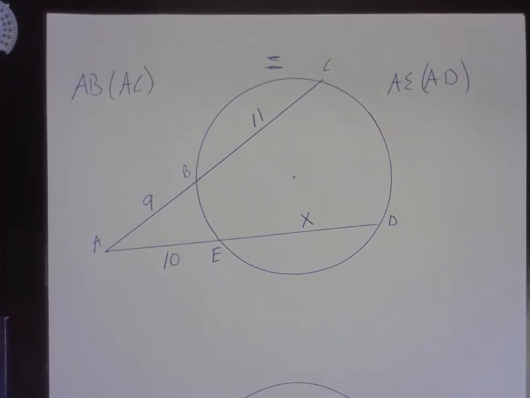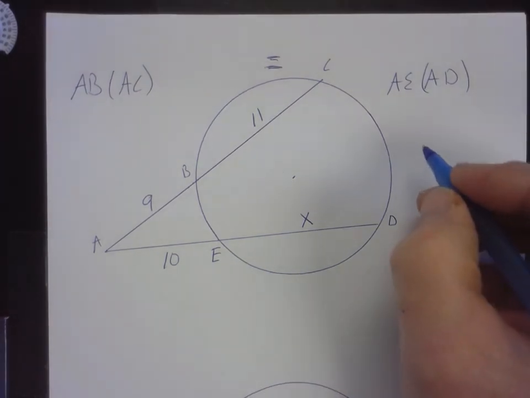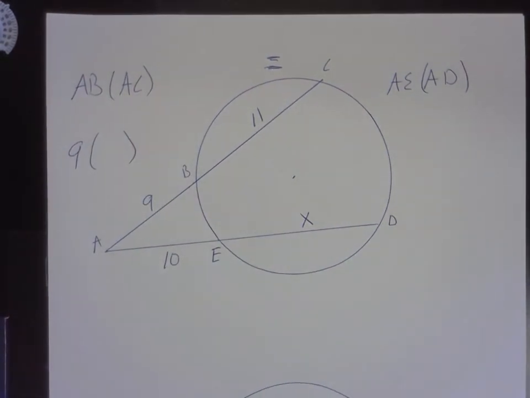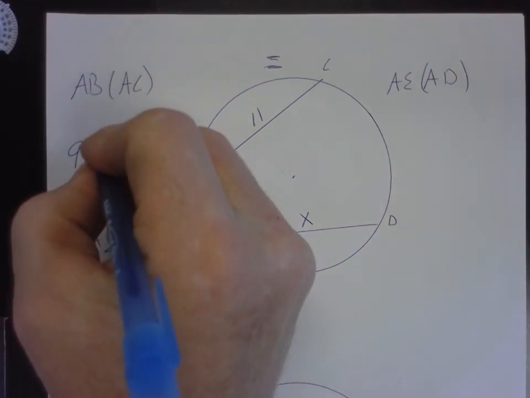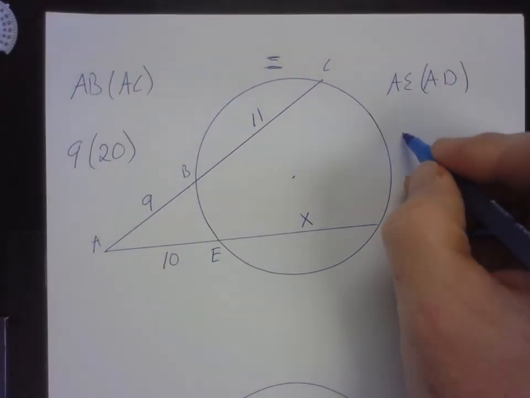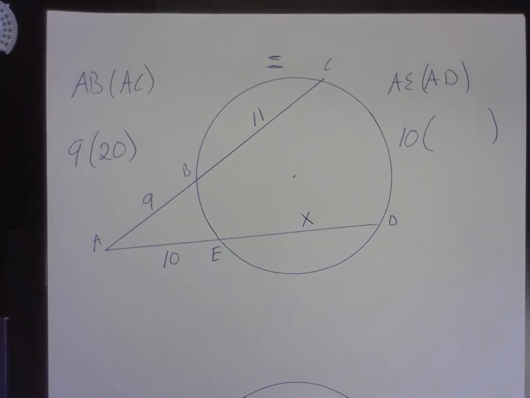Okay, so we're trying to find X. So 9 multiplied by what? 20. Everyone get it? 9 multiplied by 20, the entire length. And then on the other side, what's the exterior bit? 10. And then what's the length of the whole segment?